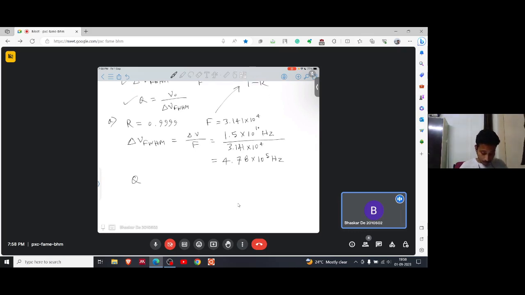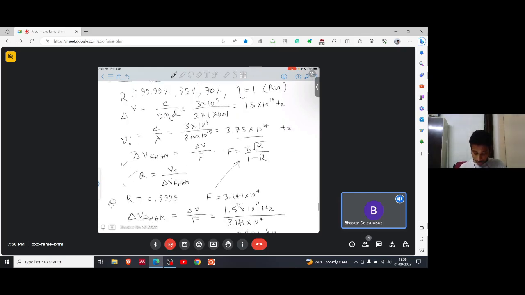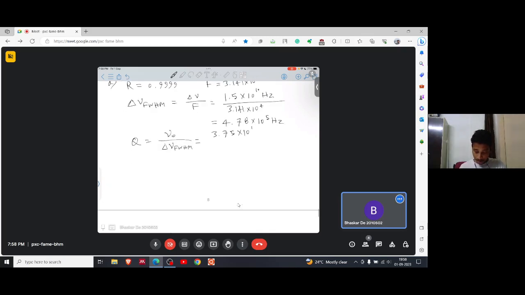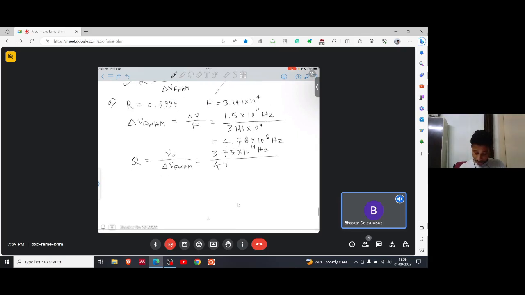Now Q is also known as the quality factor of the cavity, which will be calculated using the formula nu naught by delta nu FWHM, equal to 3.75 into 10 to the 14 hertz by delta nu FWHM, 4.78 into 10 to the power 5 hertz.